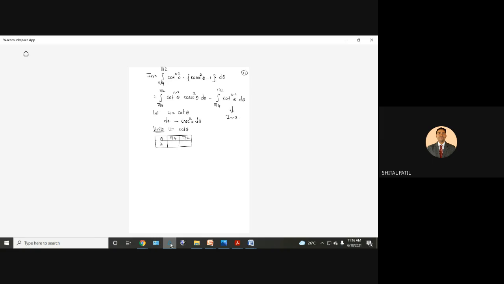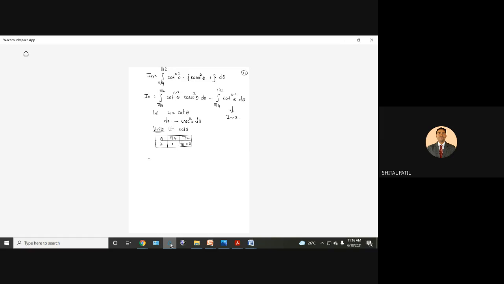So at pi by 4, what is cot of pi by 4? 1. What is cot of pi by 2? 1 upon tan of pi by 2. Tan of pi by 2 is infinity. 1 upon infinity is absolutely 0. So see how the first integral will change.